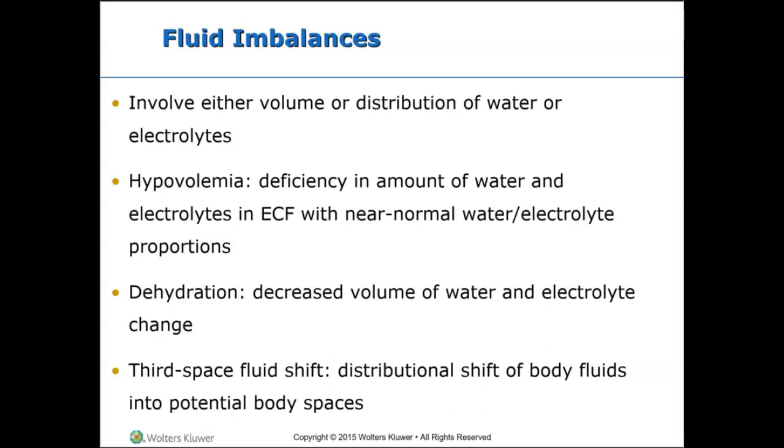This shift can be the result of a disruption in the colloid osmotic pressure mechanism. It could be fluid volume excess. Maybe it's due to hyponatremia, or a shift from intracellular fluid to extracellular fluid from trauma, for example. It could be for many, many things, right?